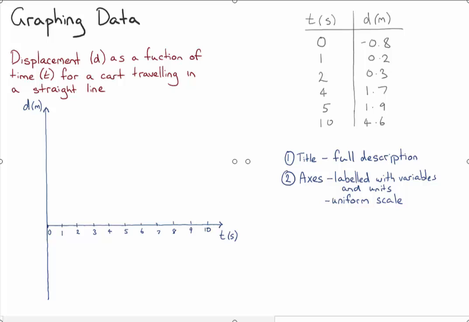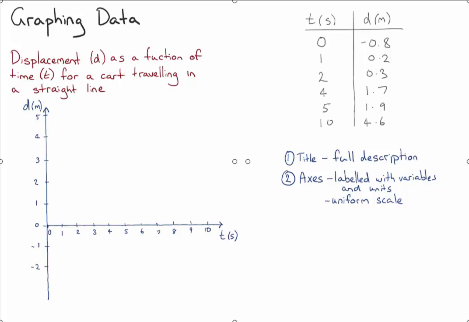And then, of course, we need a uniform scale on the vertical axis as well. And notice there that I have put the displacement going into the negatives as well, because we have displacement as a vector, and it can be on the negative side of the zero displacement, or it can be on the positive side, just like a number line which goes into the positives and negatives.